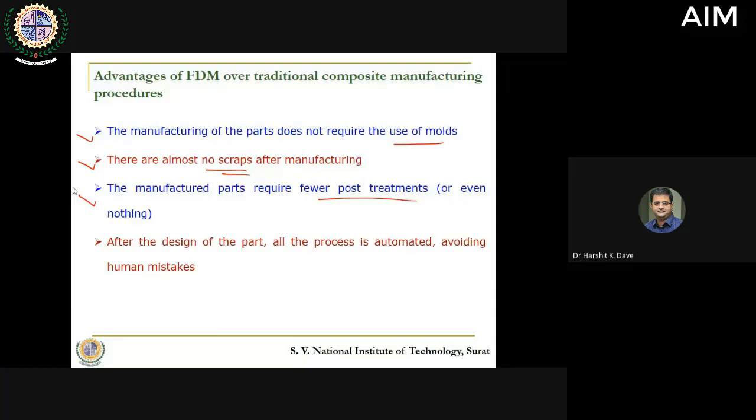So the chances of human mistakes in laying the matrix, in mixing the reinforcements, those things which may come due to human error, are almost eliminated. So the printed part is almost as per your required condition, and the chances of its failure because of some errors are largely reduced.